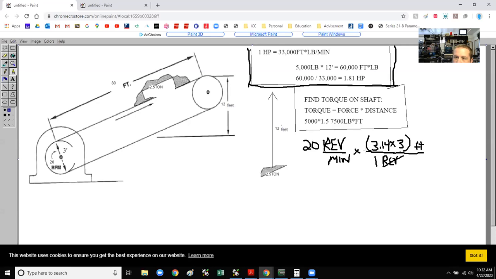So these cancel. And we know that thing is covering, anybody got it? 9.42.